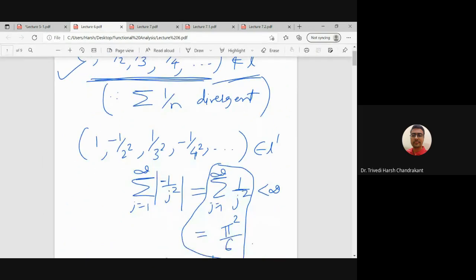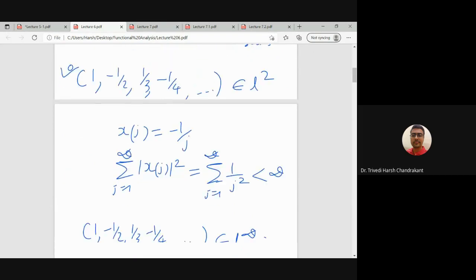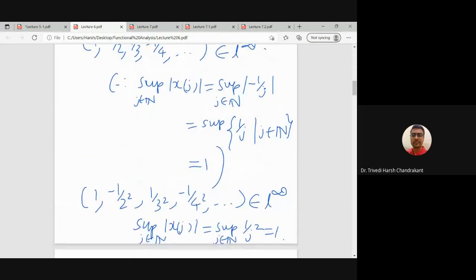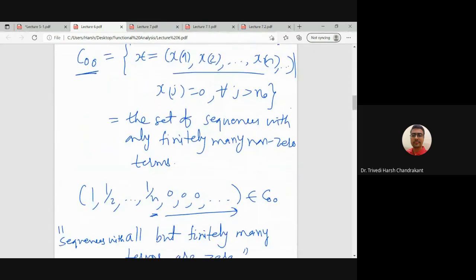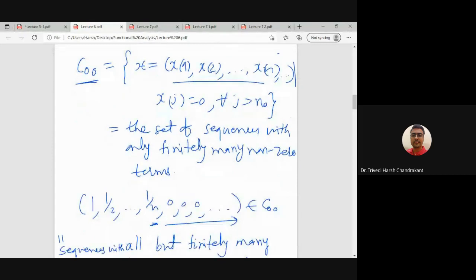Then we saw some examples of trivial elements which belong to L1, and which do not belong to L1. Similarly, in L infinity and L2. And one more example we have discussed, this is also a subspace of the sequences.